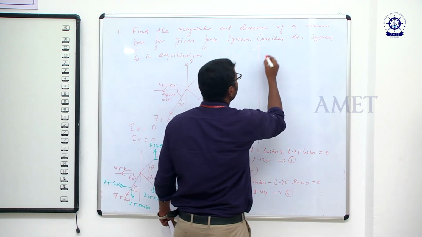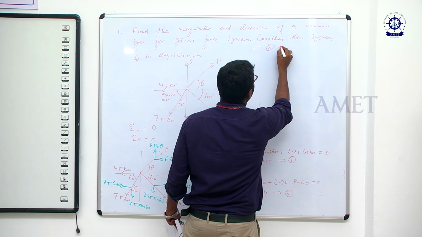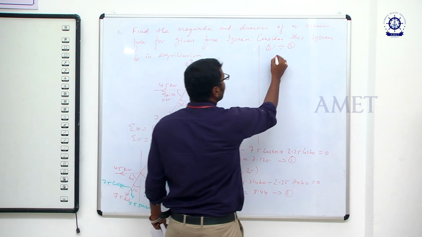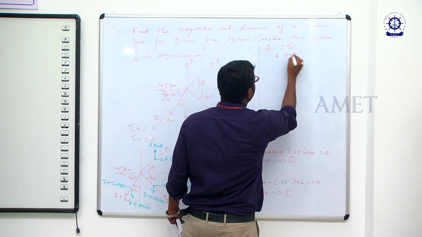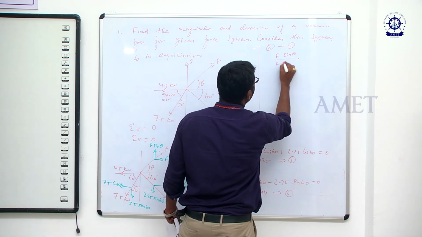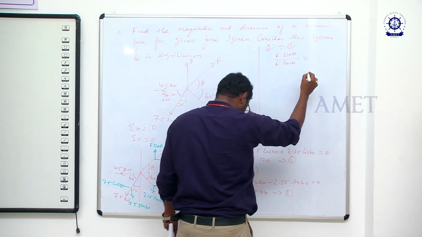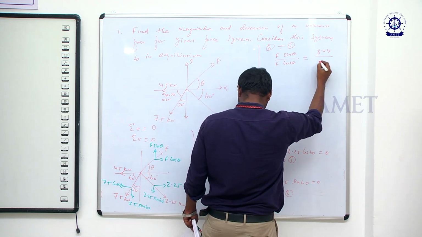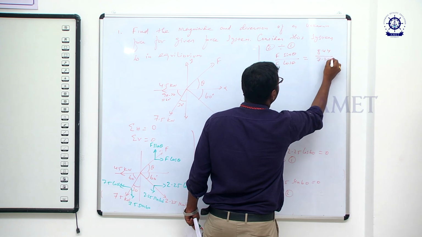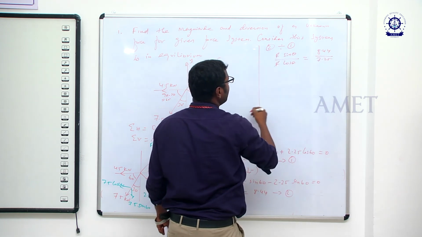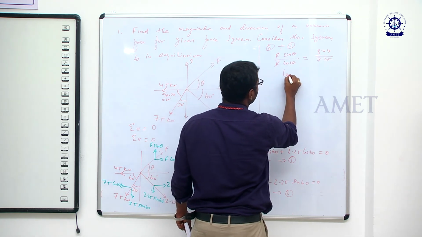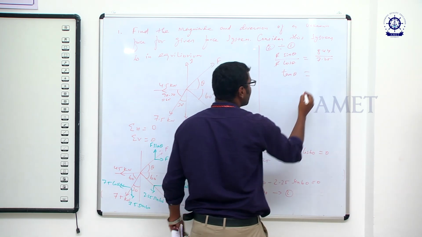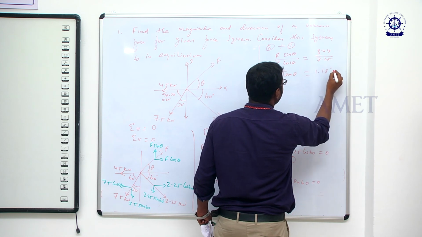I am going to divide equation 2 by equation 1. So F sin theta divided by F cos theta equals 8.44 divided by 7.125. F cancels, so sin theta by cos theta, which is tan theta, equals 1.18.